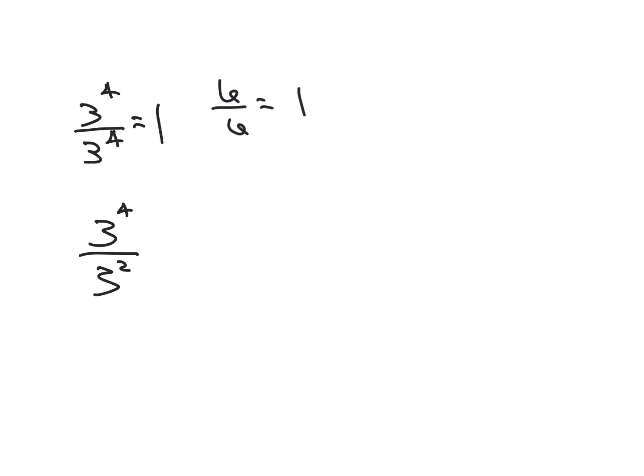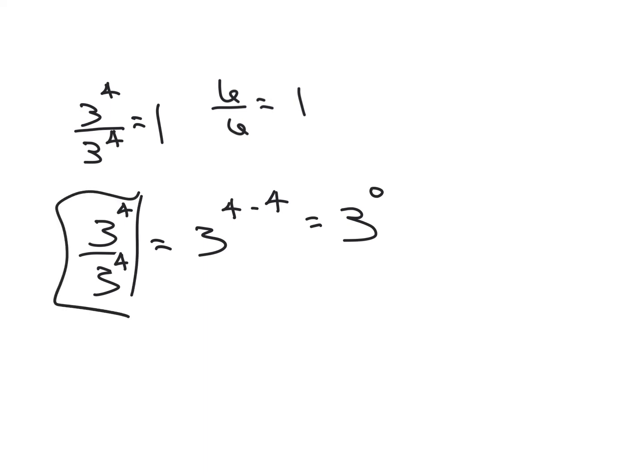All right, so let's say that that number on the bottom is the same as that number on top. That would be 3 to the 4 minus 4, which equals 3 to the 0 power. What did we just say any number over itself equals? 1. It also equals 3 to the 0 power.